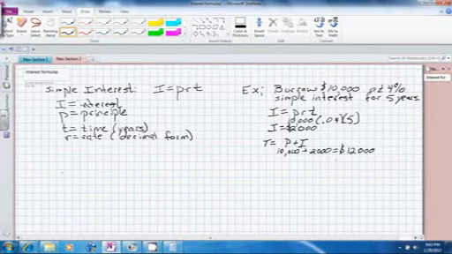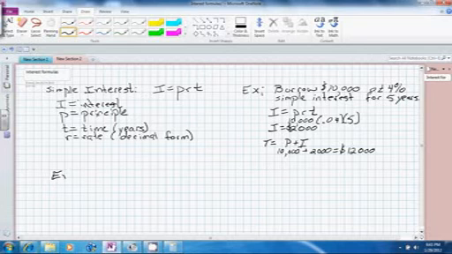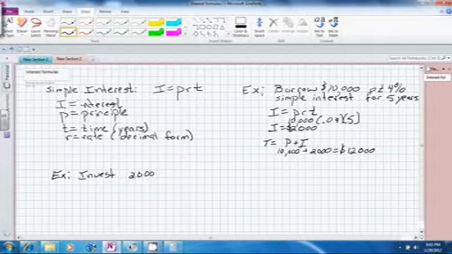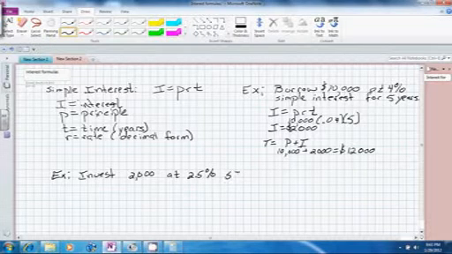Alright, so let's take another example. Suppose you invest $2,000 at a 2.5% simple interest rate for 30 weeks.